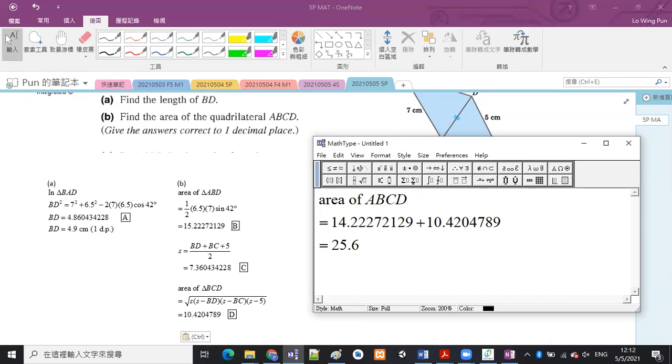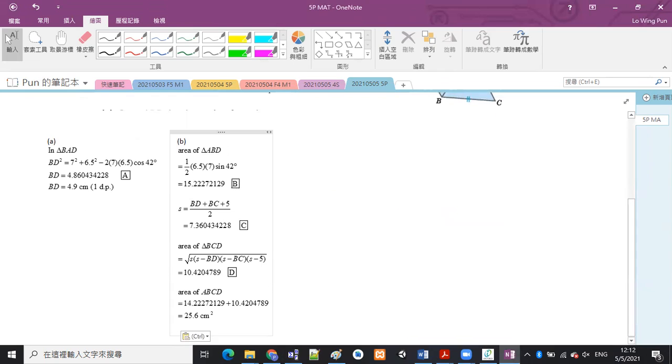Am I correct? Yes. And we have unit is cm squared. This number is correct to 1 dp.